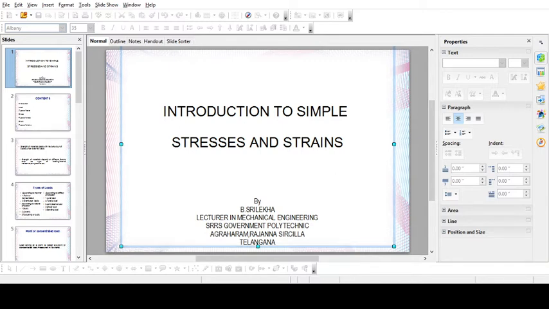So we are going to generally explain all this in a brief manner, and from tomorrow onwards we'll be explaining each and every term in detail, and their formulae and the application of the formulae in the problems, and getting the results. Finding the solution to those problems will be done from tomorrow onwards.